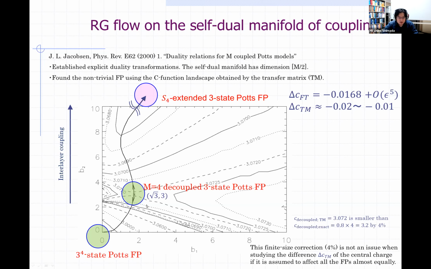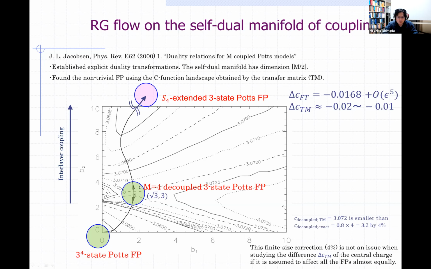By using this duality coordinate, this m equals 4 decoupled 3-state Potts fixed point is identified exactly as the square root of 3 point of this duality coordinate. And this is downhill to some non-trivial S4 extended 3-state Potts fixed point. And in the other direction, this non-critical 3 to the 4th state Potts model.